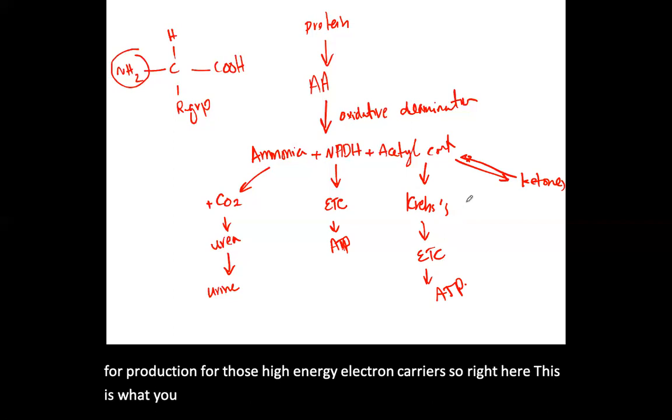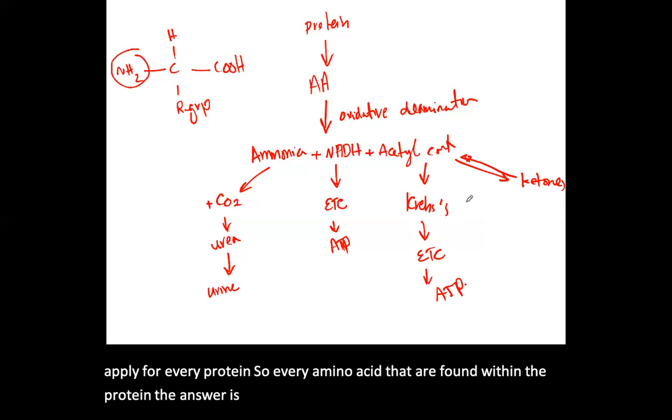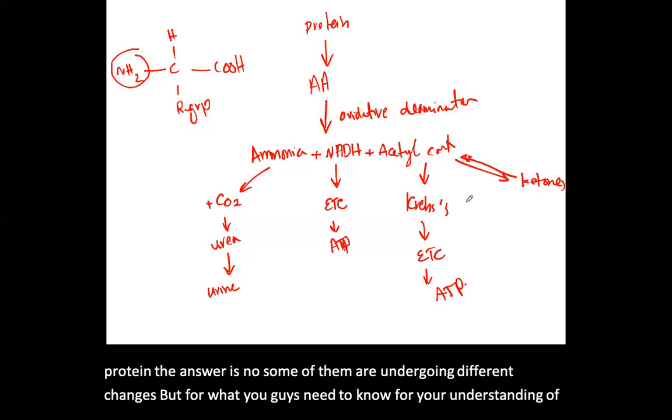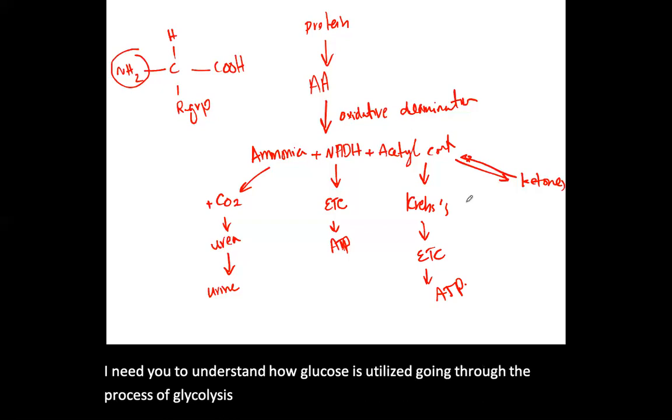Now do keep in mind, does it apply for every protein, every amino acid found within the protein? The answer is no. Some of them undergo different changes. But for your understanding of the class, I need you to understand how glucose is utilized, going through glycolysis, acetyl-CoA production, the Krebs cycle, and the electron transport chain.